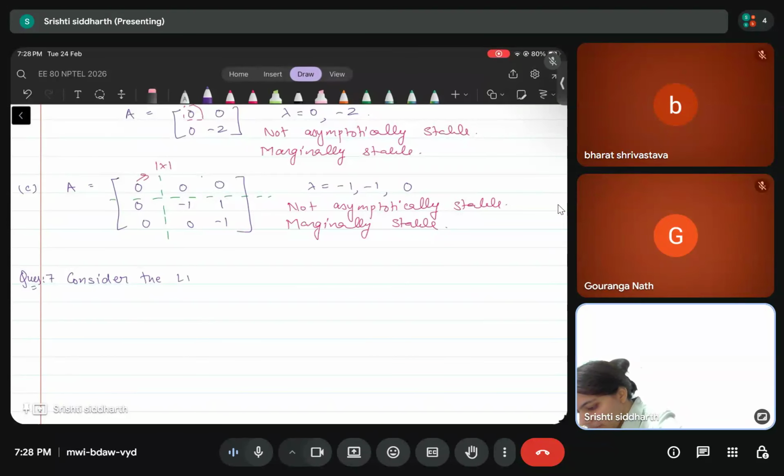Consider the LTI system, x dot equals -1, 2, 0, -1, and x.